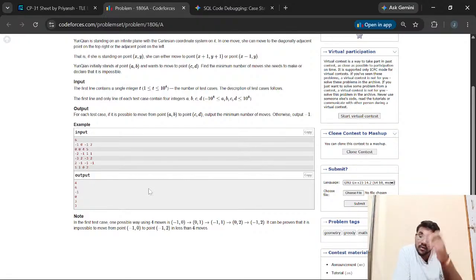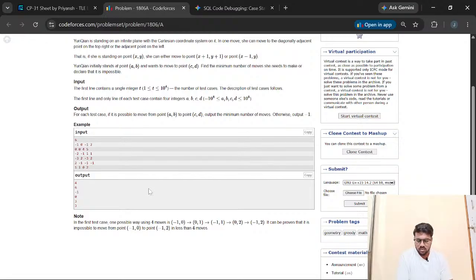And 5. No, not like that. 5, right? So it is one move by 2, 2, 2.